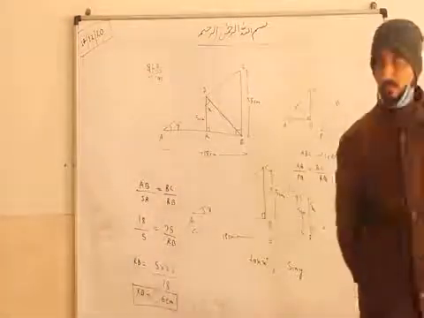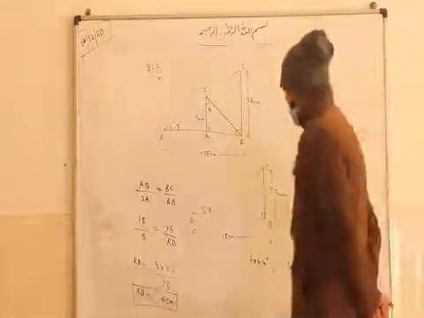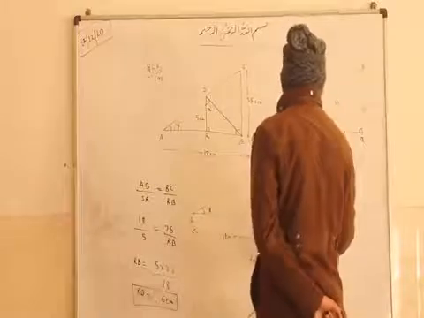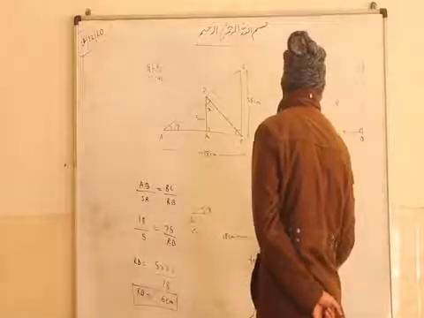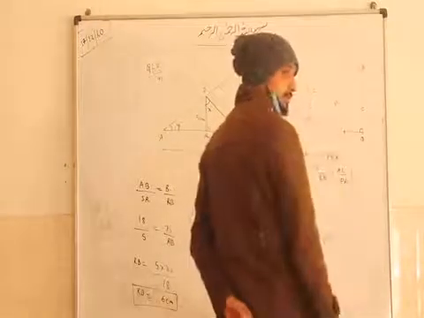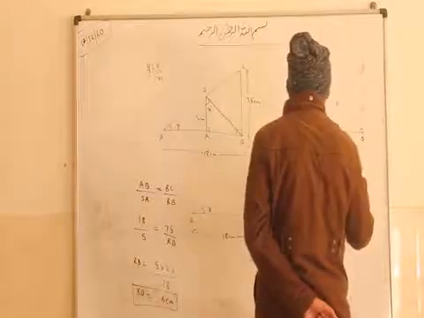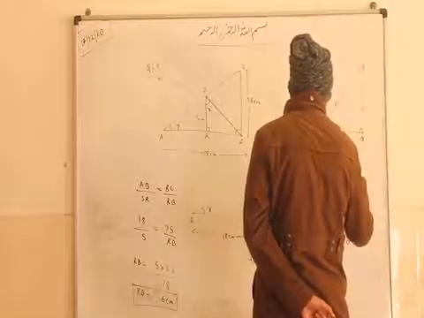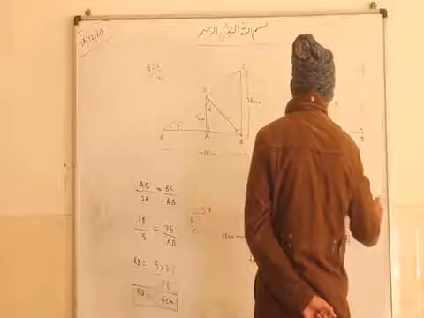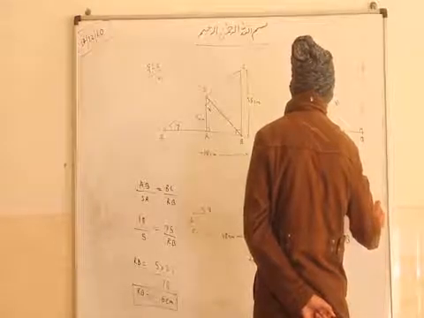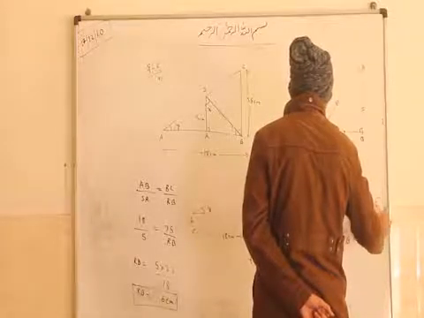So this is 6 centimeter now. Now you can find the value of tan x: tan x equals P upon B, 6 by 5.